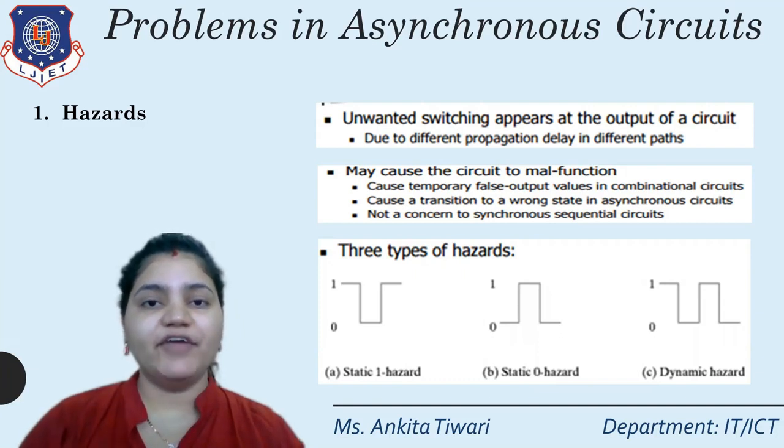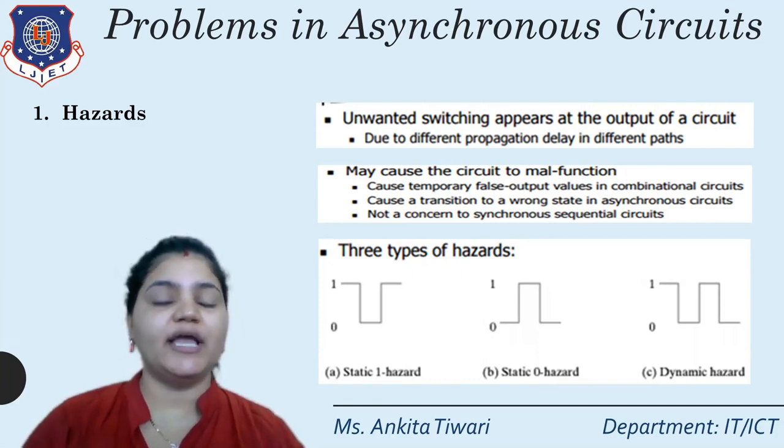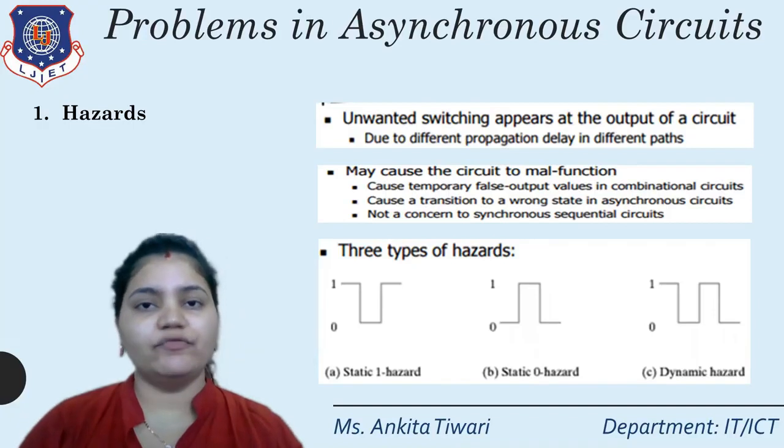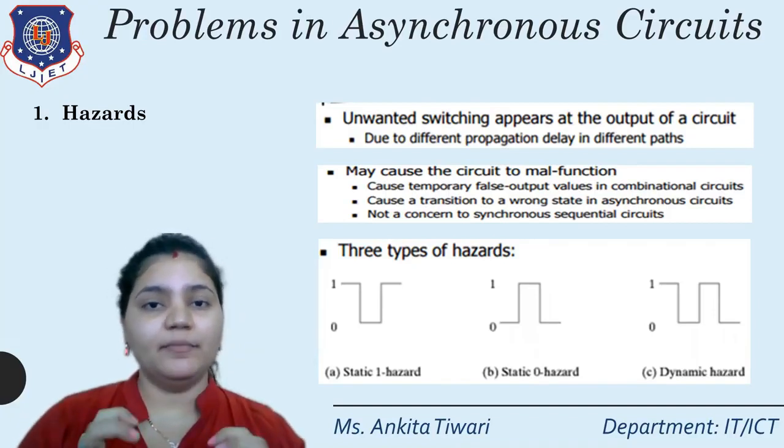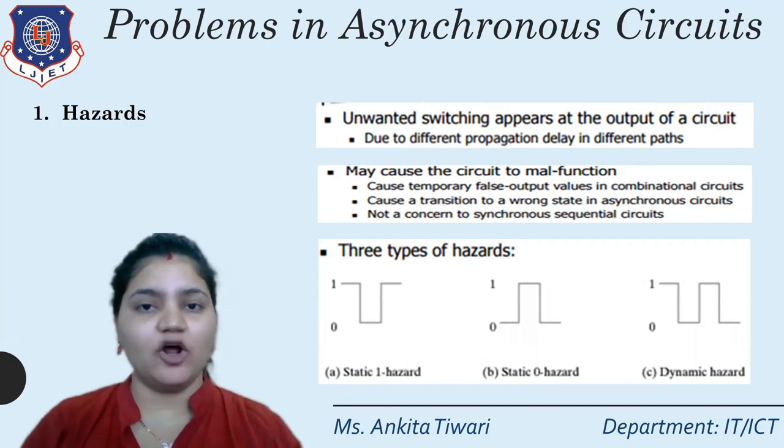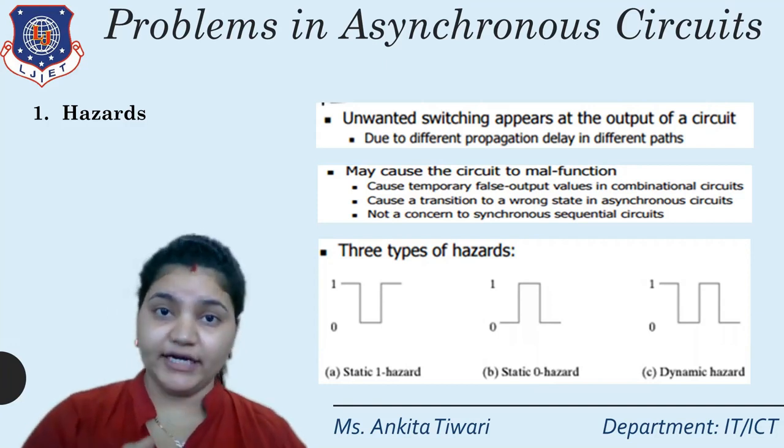So for that, when we have unwanted switching at the output of a circuit, we can get different propagation delays at different paths. With respect to that, there can be confusion about whether the output occurs correctly or not.